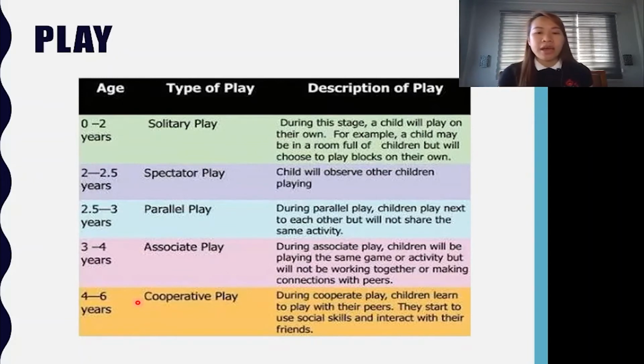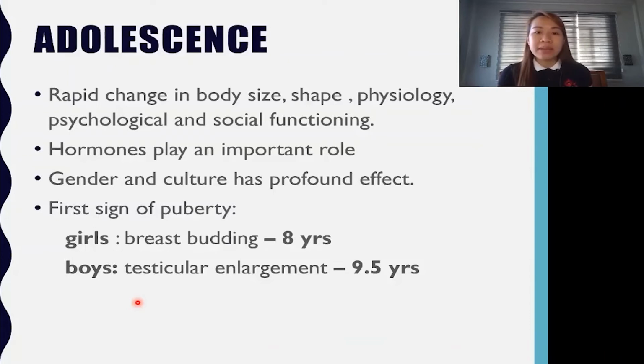Okay. After that, meron pa bang play? Sinasabi nila sa adolescence daw, foreplay. Hindi yun ha. Parating yan sinasabi ng mga estudyante ko sa akin pag tinanong ko kung anong play, foreplay daw. Hindi yun, class. So, adolescence, pag dumating na tayo dito, there's already rapid change in the body, size, nagkakaroon na tayo ng changes, nagkakaroon na ng development ng breast, ng hair development.